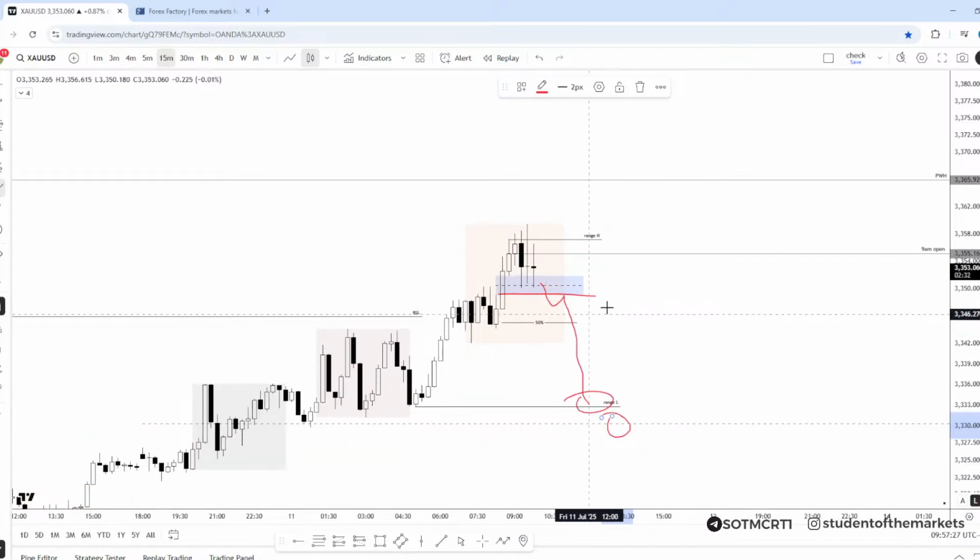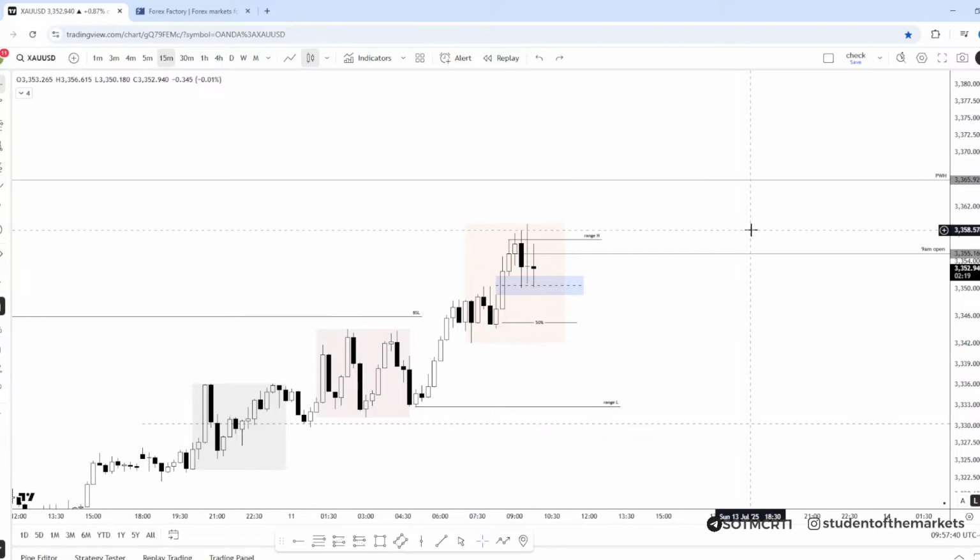At that point, obviously, you would target first the sell side liquidity, and then eventually the range low. It just depends, because if price does respect this fair value gap, then eventually price may continue pushing to the upside.